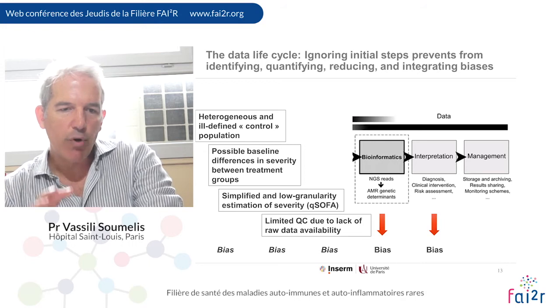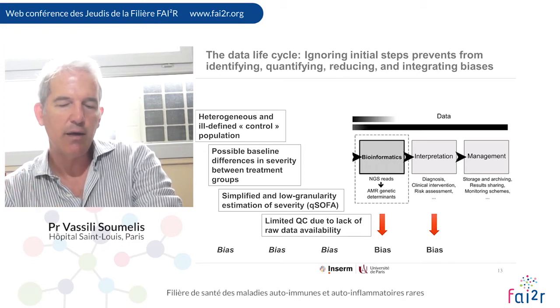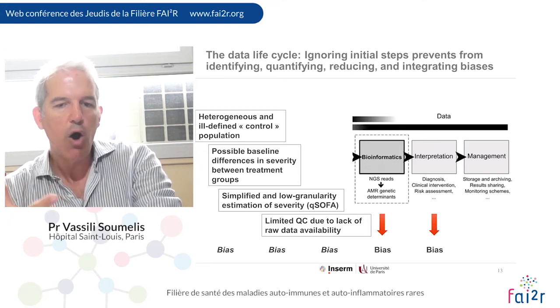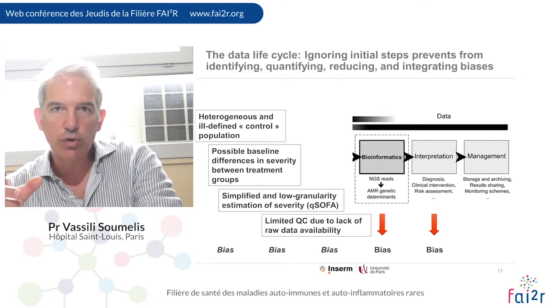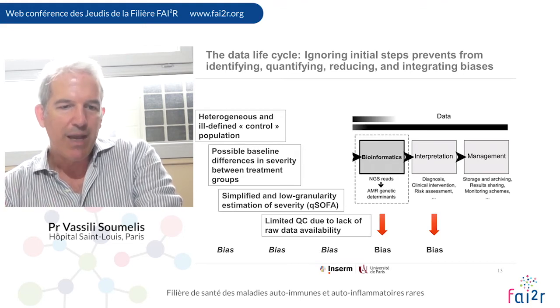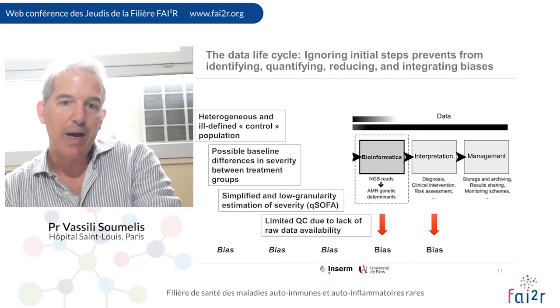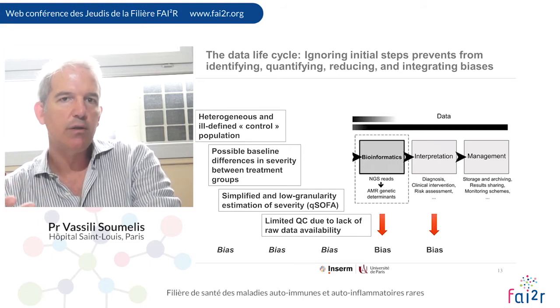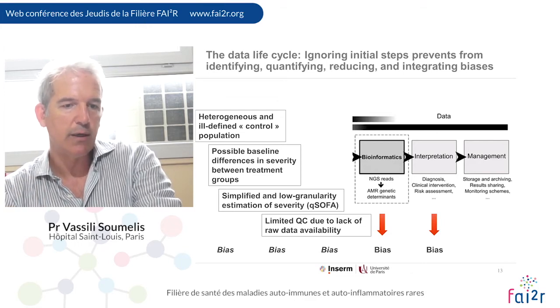So here I pointed to 4 possible biases that I think are worth mentioning. It's not the only limitations of this study. I told you about the heterogeneous and ill-defined control population. Then there may be baseline differences in severity between treatment groups that would bias the outcome of the patients in terms of survival and morbidity.